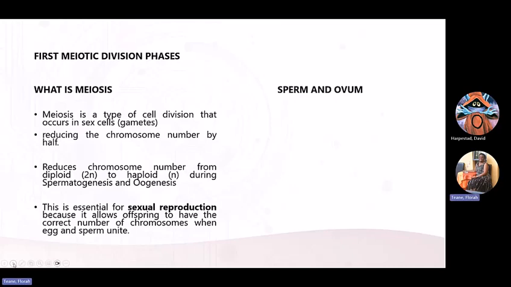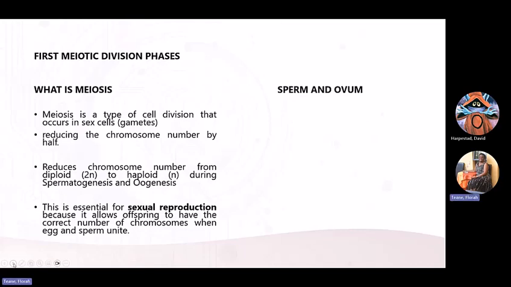During spermatogenesis, the formation of sperm cells, and oogenesis, the formation of egg cells, the number of chromosomes is halved. Remember what I said? I said a human being has got 46 chromosomes.